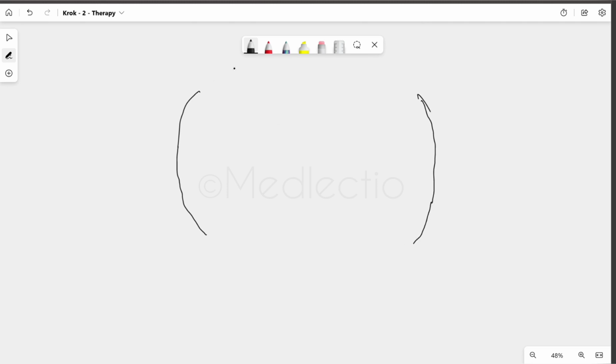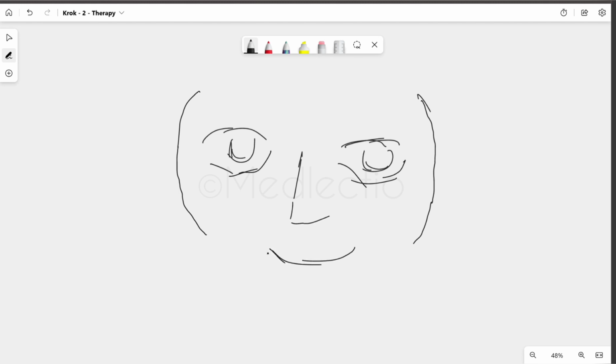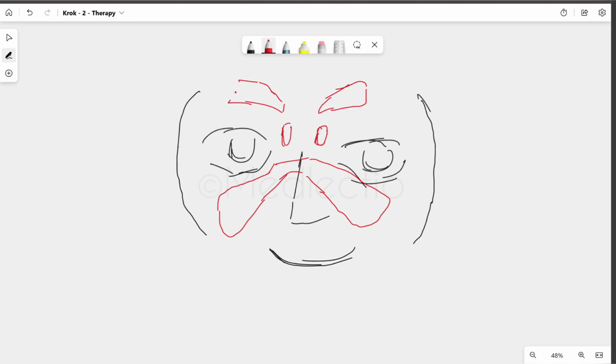So as you know, we have facial sinuses. If this is the nose and these are the eyes, we have a sinus here on both sides, then we have a sinus here also, and a sinus here.